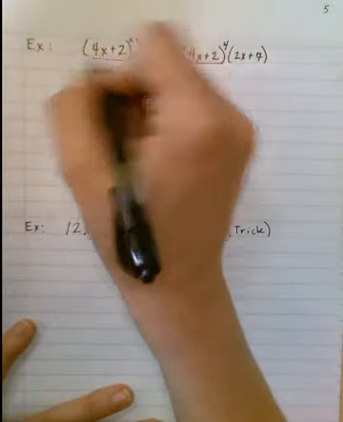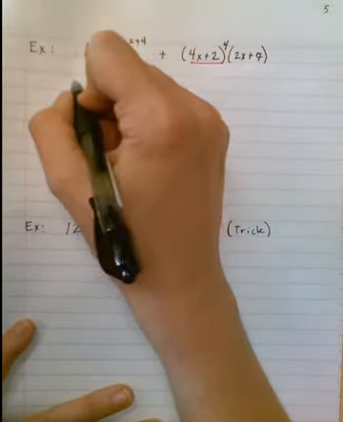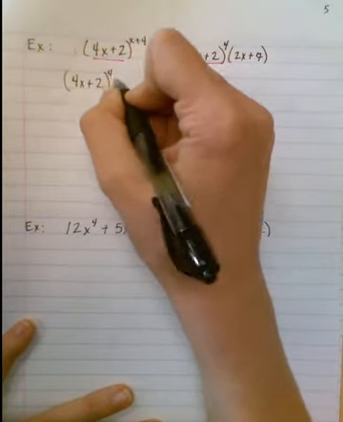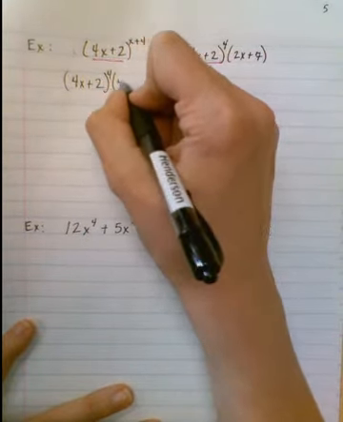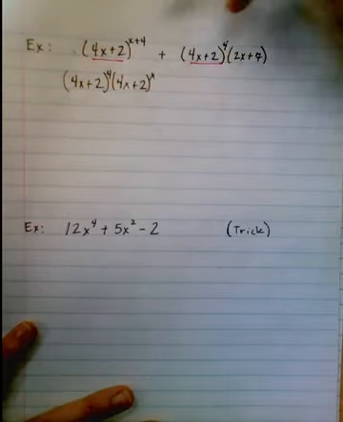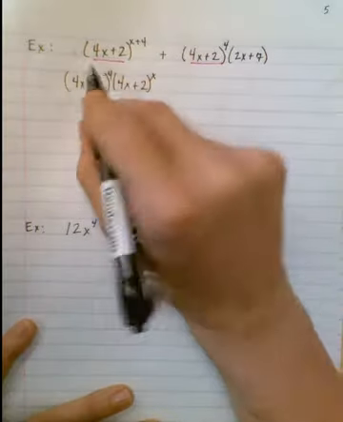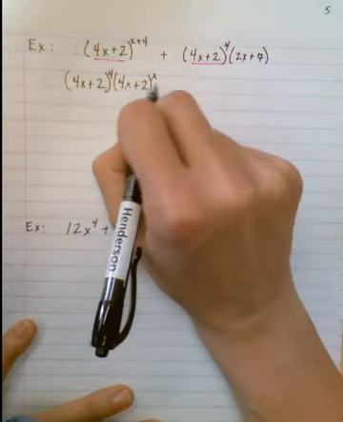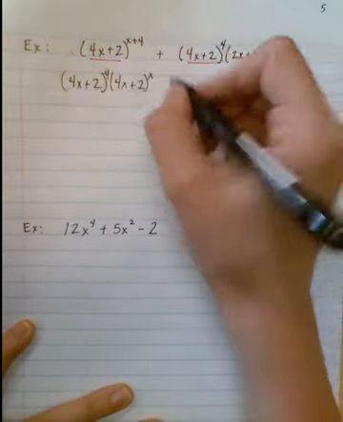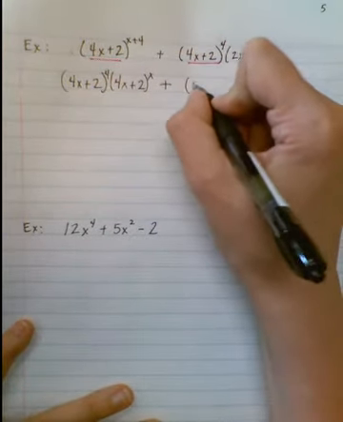So I can rewrite this whole thing right here as 4x plus 2 to the 4th times 4x plus 2 to the x. And we reviewed in the past that if I have the bases being similar, I just add the exponents. So I'm undoing that there. I'm taking it apart so that I can do some clean factoring later.